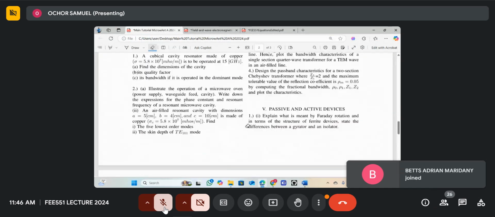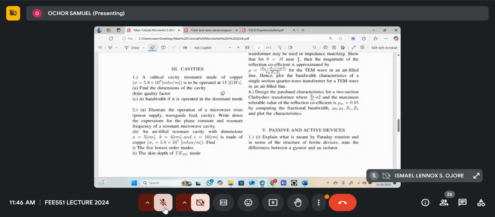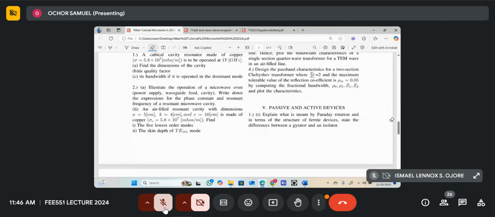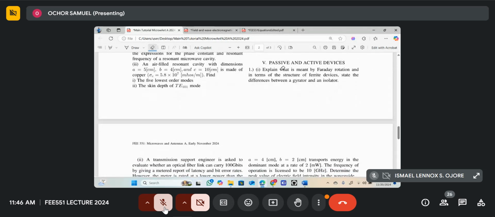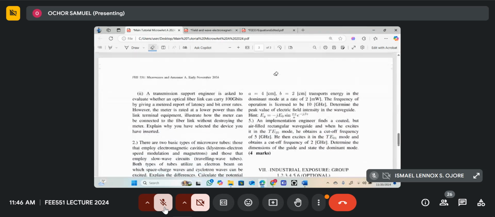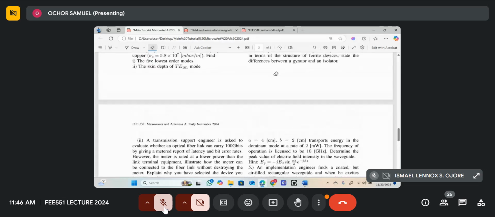I think these are the parts for passive and active devices. These were the discussions we were having. So it's up to everyone to go and read the material, the PPT presentations, where you'll get to know about it.